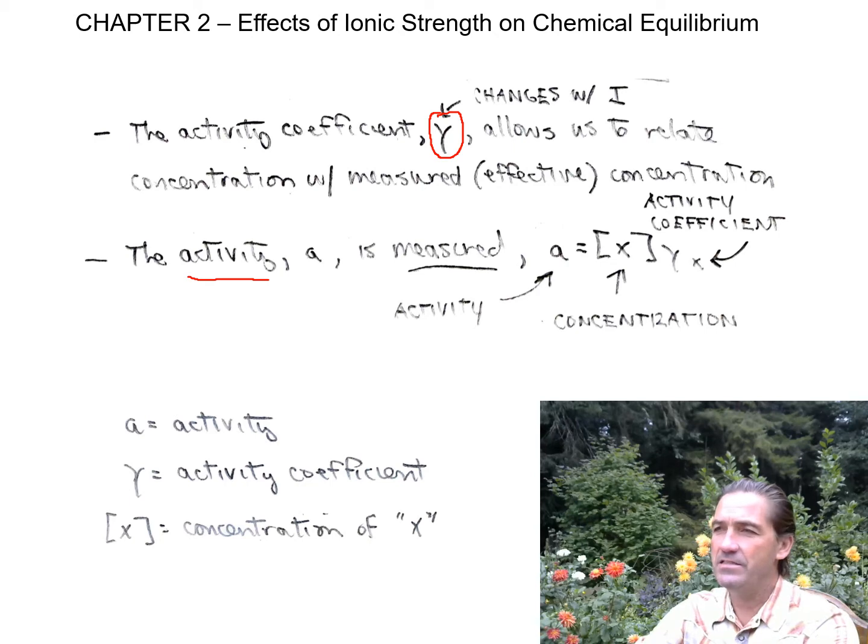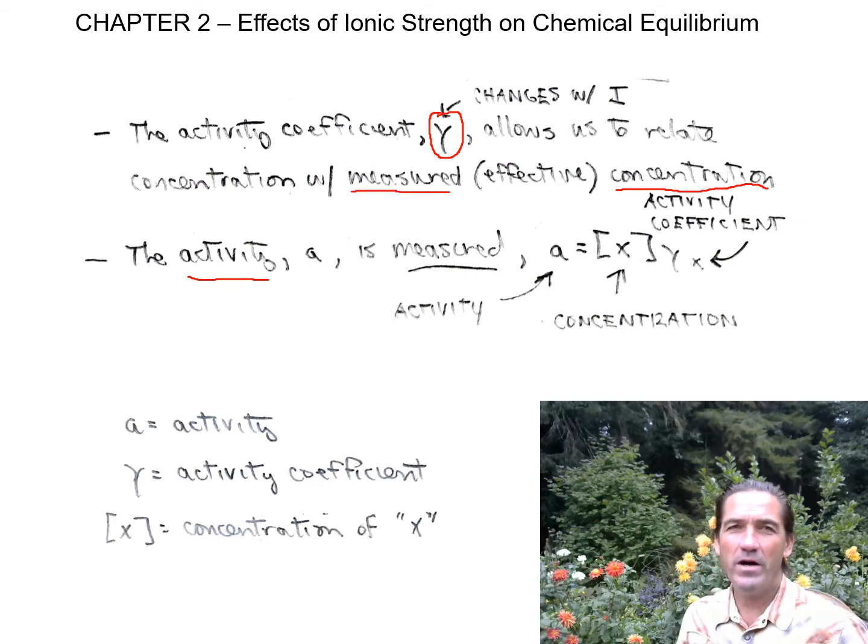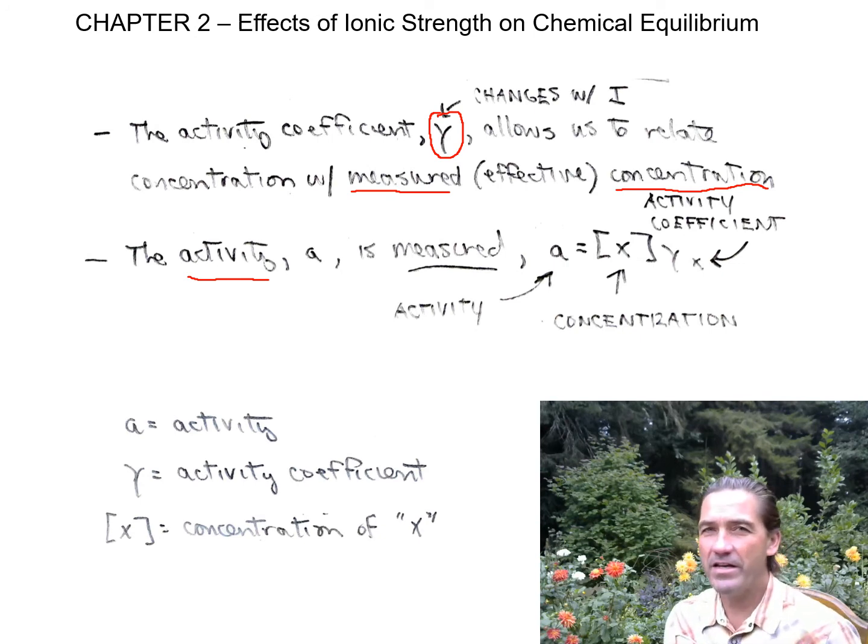Activity is the concentration that's actually measured, not what is in theory, but what's actually measured. And so that's where we're going here. The ionic strength affects what we measure. All those salts affect what we measure. And so we need to relate what we measure to the theoretical concentration.